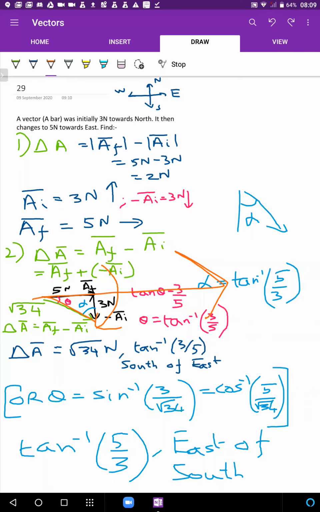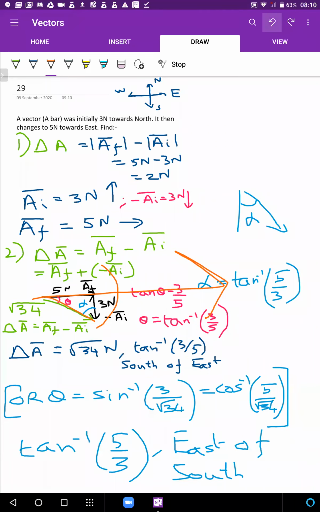Therefore, our direction is theta tan inverse 3 by 5 south of east. That was one way of describing our direction.